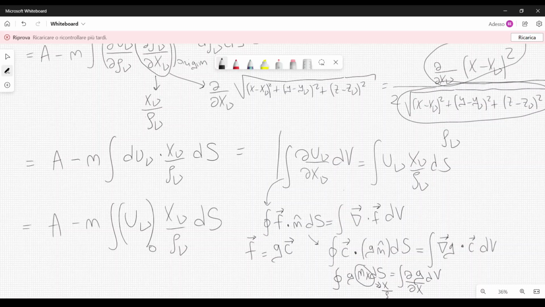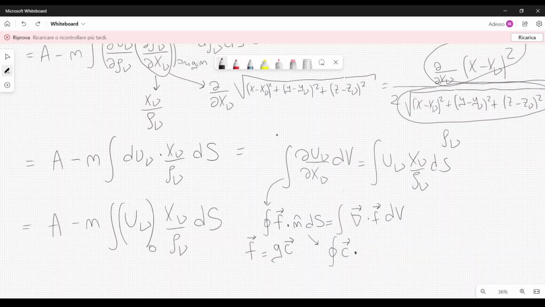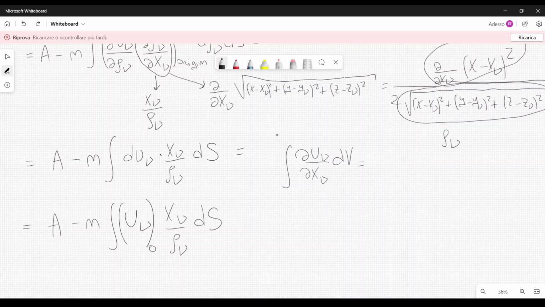And this is exactly the formula that we get. So let me cancel this. I don't need all these formulas. This was just for the sake of clarity. I wanted to motivate even more rigorously what we did so far, because this is more rigorous than what we did earlier.